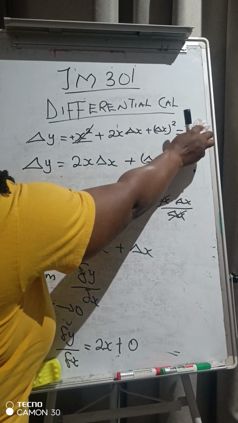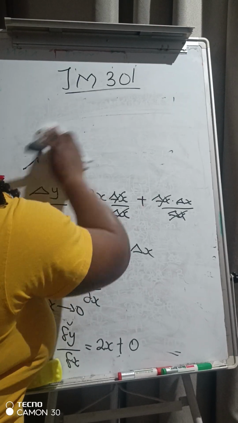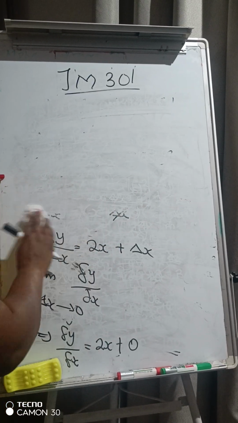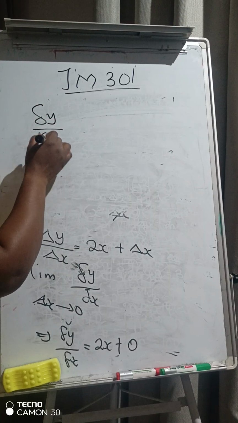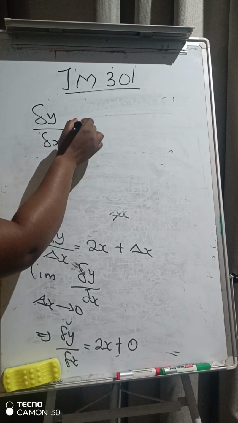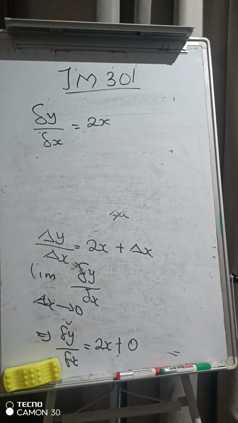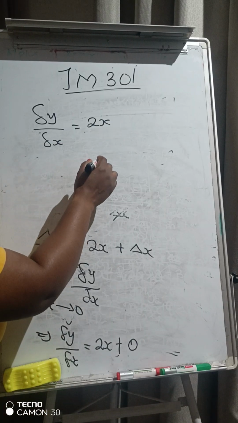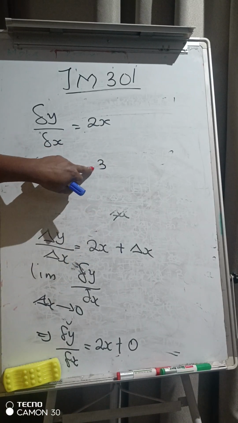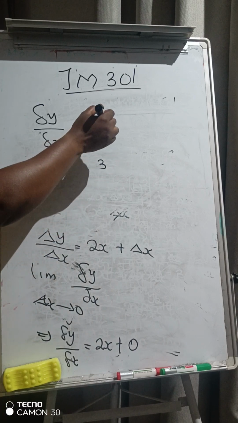And if we simplify that further, we are going to have our change in y with respect to change in x to be 2x. So it means that if x changes, let's say by 3, its influence on y will be 2 times the change in x.